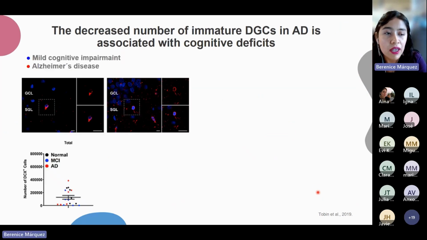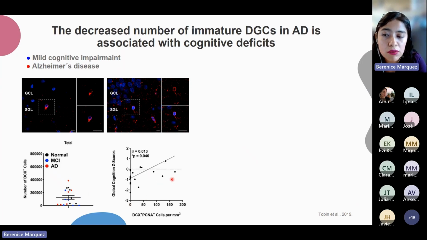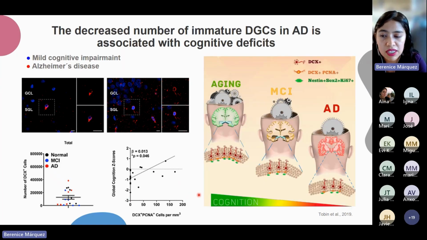In this regard, Tobin and colleagues show evidence that the decreased number of immature dentate granule cells in Alzheimer's disease patients is associated with lowest cognitive score, suggesting that the impairments in immature dentate granule cells underlie cognitive dysfunction in these patients.